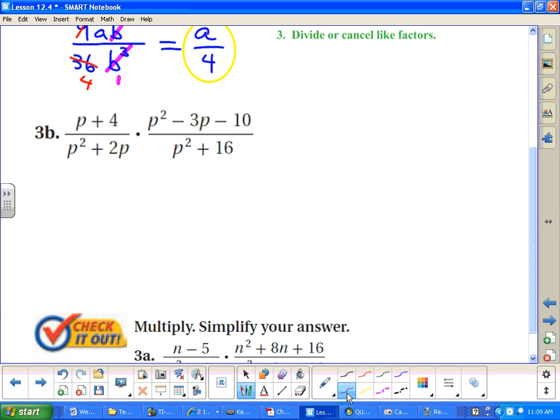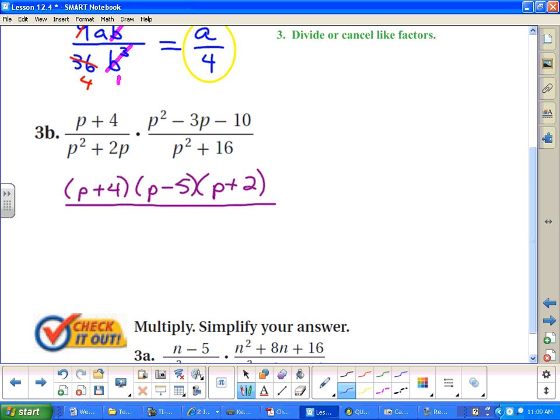Negative 5 and 2. So we have p plus 4, p minus 5, and p plus 2. Okay, there's our numerator. Notice I'm just putting one fraction bar now because that's all I need. Because multiplication is commutative, I can do it in any order. So I can put a fraction bar there.